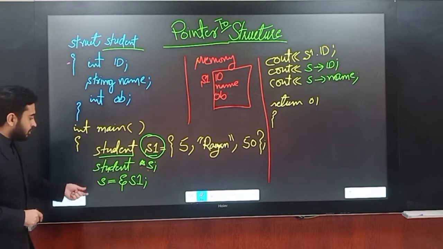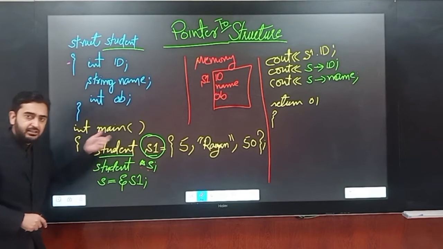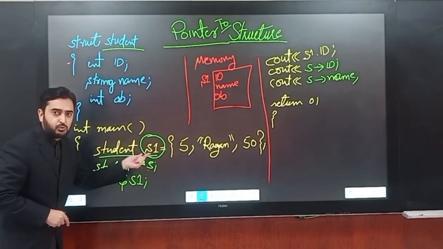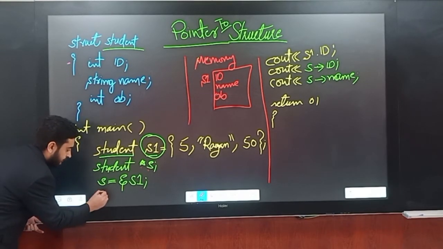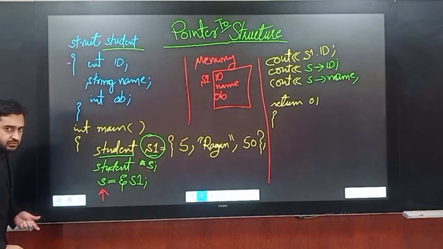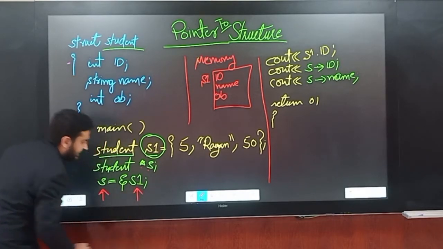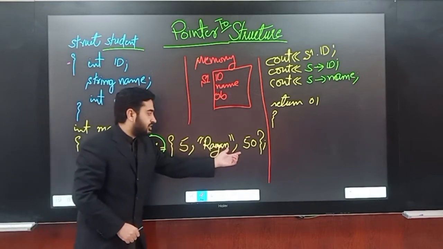Here you can see that this is a pointer, so we will save the address of another variable of type student. So we can save the address of S1. How can we save it? Here S is the pointer where we need to save the address, and S1 is a simple variable of type student, not a pointer, where we have initialized the values.